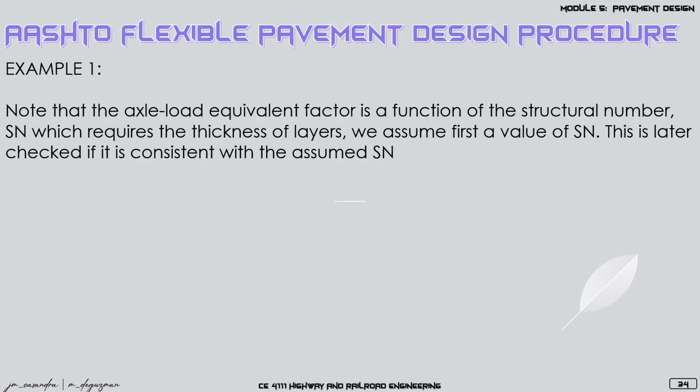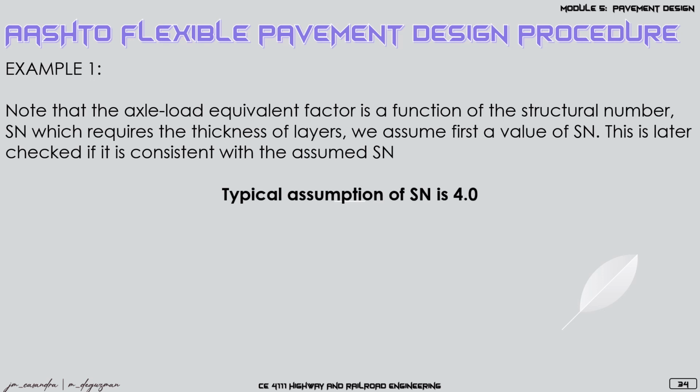After assuming the value of Sn, we are going to check it later if it is consistent with our assumed Sn. So we are going to assume and then compute for Sn, and we are going to compare them to see if they are consistent with each other.